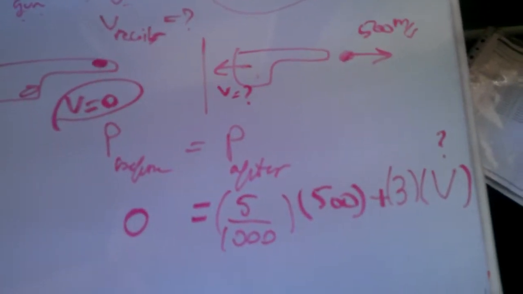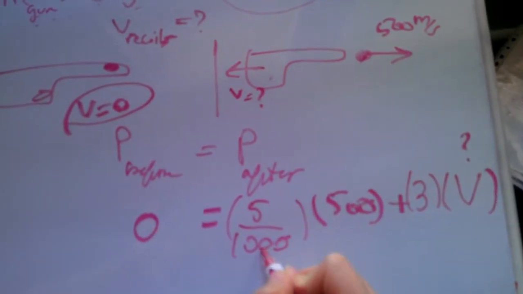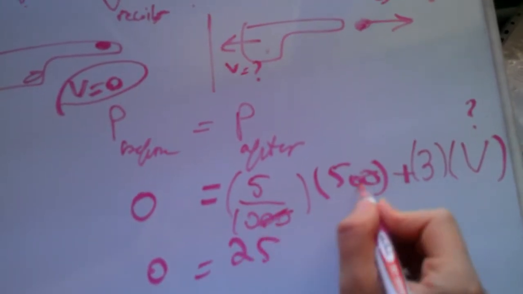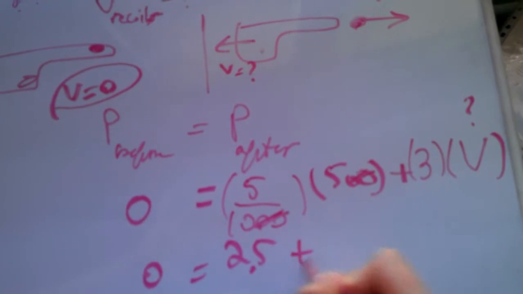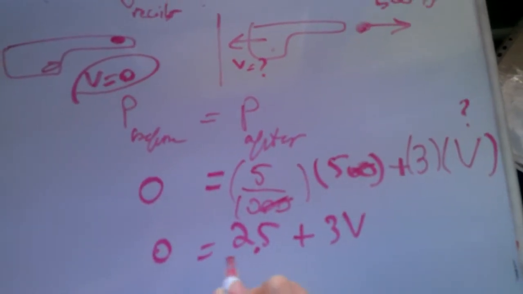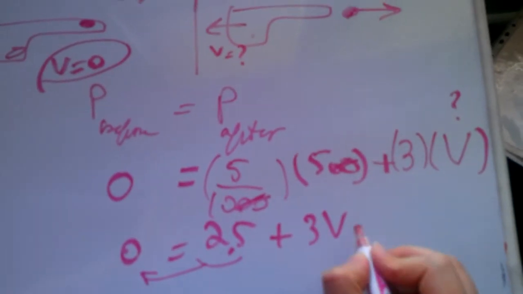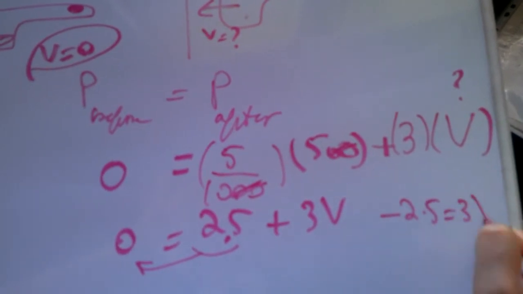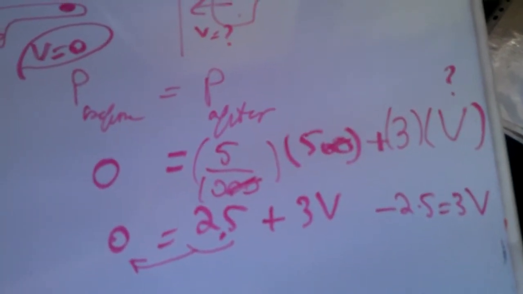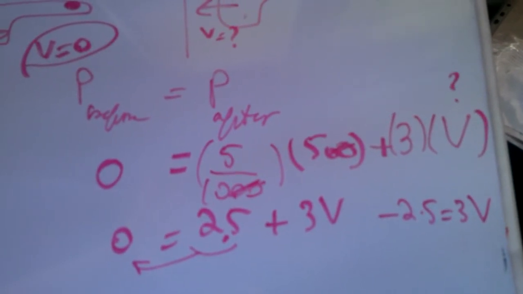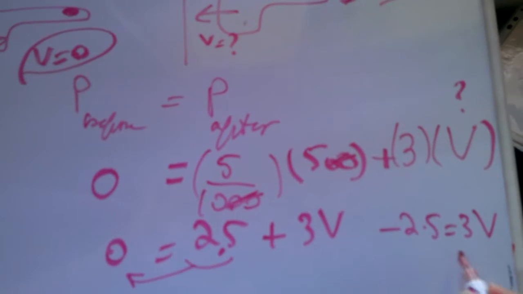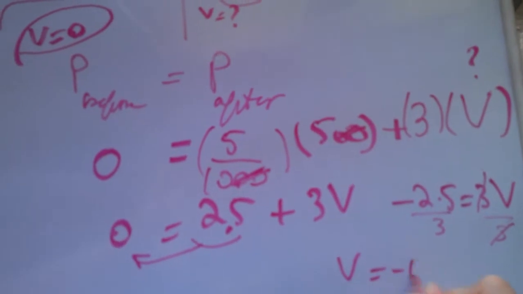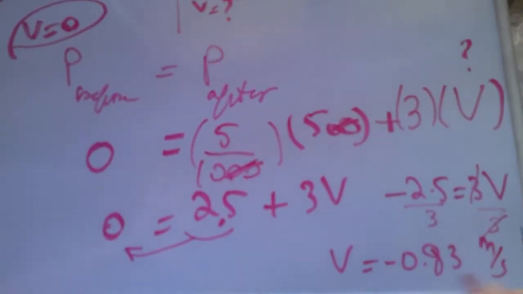So let's do the math together. 0 equals 2.5 plus 3v, and I need to bring this to the other side. So I'm subtracting 2.5 from both sides, so I have negative 2.5 equals 3v, and then 2.5 divided by 3 gives me a velocity of minus 0.83 meters per second.